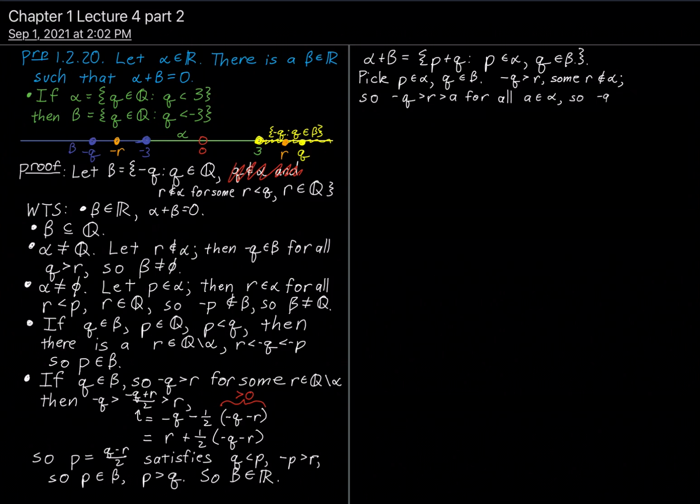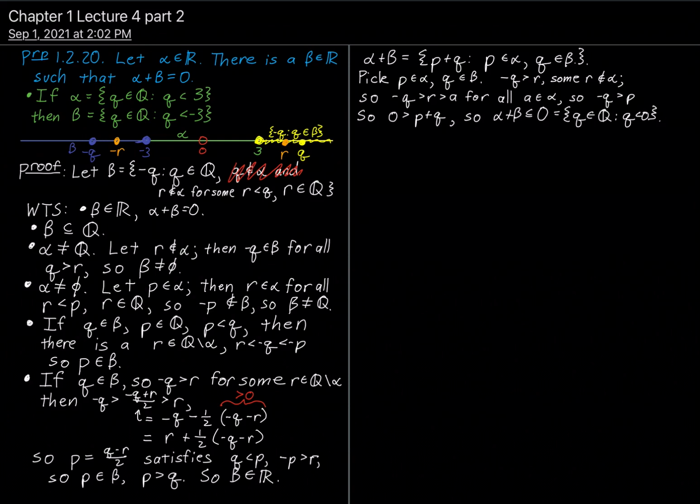So in particular, negative Q is greater than P, and adding Q to both sides, 0 is greater than P plus Q. So alpha plus beta is a subset of the cut 0. That's the set of all of the negative rational numbers.